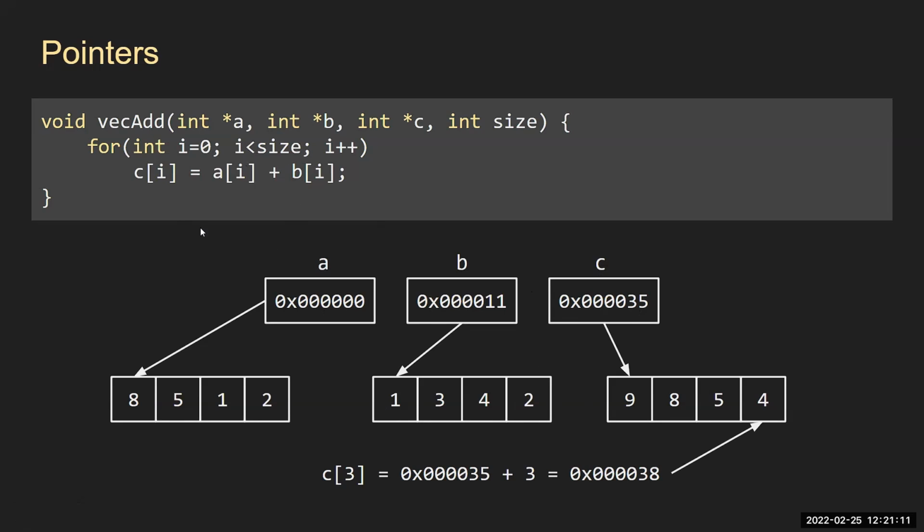The other thing we can do, when we can use that address to get a value, is use the same array indexing format that you're used to. But under the hood, what that's doing is saying, okay, C is a pointer. I want to get element 3, so I'm going to add 3 to the address. It gives me this new address, and oh, hey, that's the element you want. And it gives you that element in return.